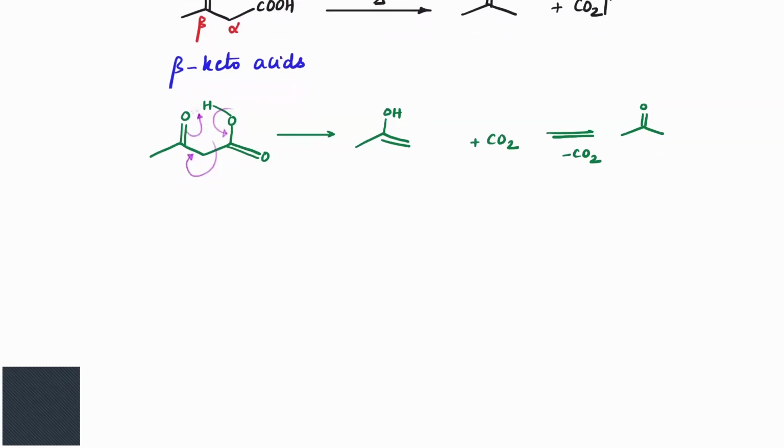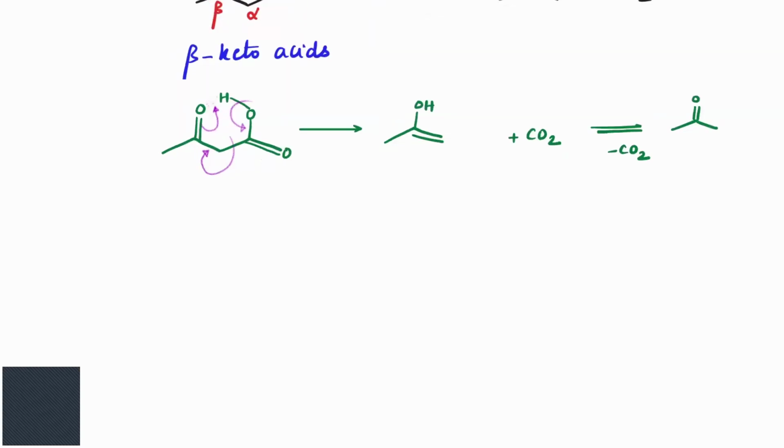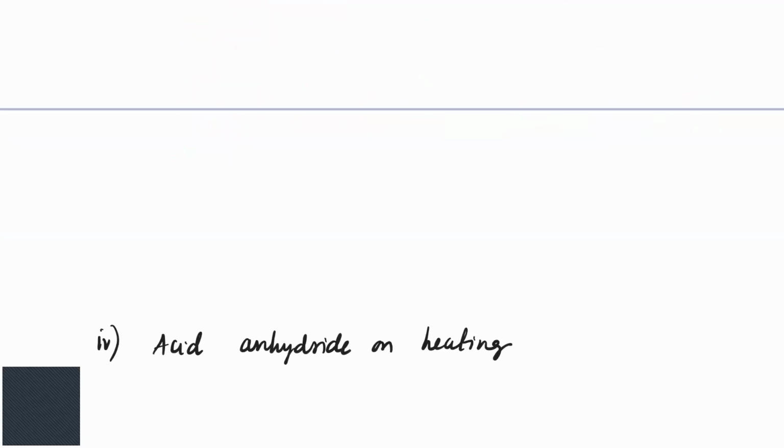Which means wherever there is a beta positioned keto, you can always remove that carbon dioxide. So this is a standard JEE question. Please check. Sorry, let me do the same thing with beta acids also first, and then I can show you.